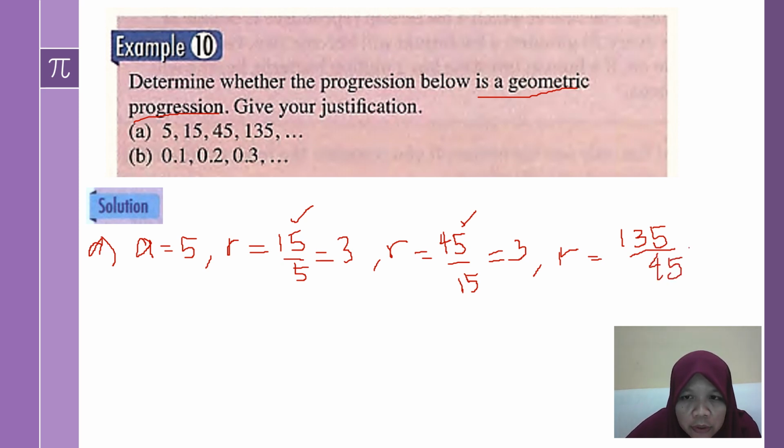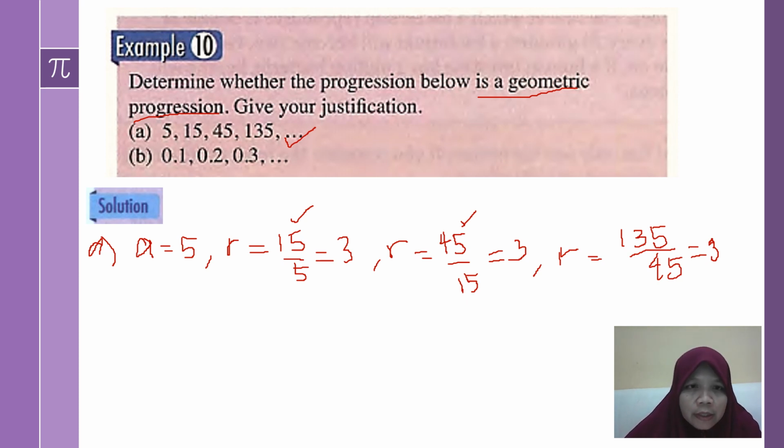You will get 3 also. r is 3. So from here we know that when the value of r is the same, r equal to 3, this progression is a geometric progression.